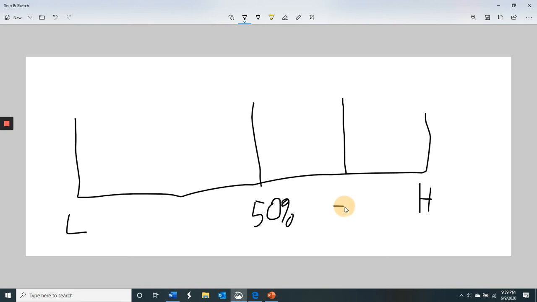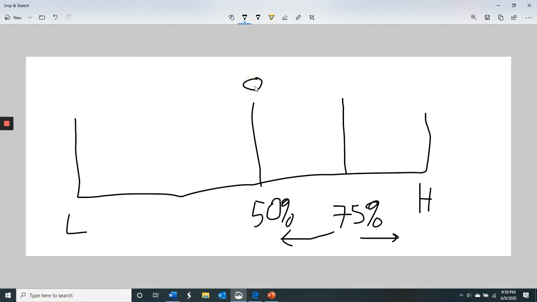The median of the upper half obviously would be at the 75th, we would call it percentile. This is the 75th percentile because 75% of the scores are below this score. And of course, conversely, 25% are above it.